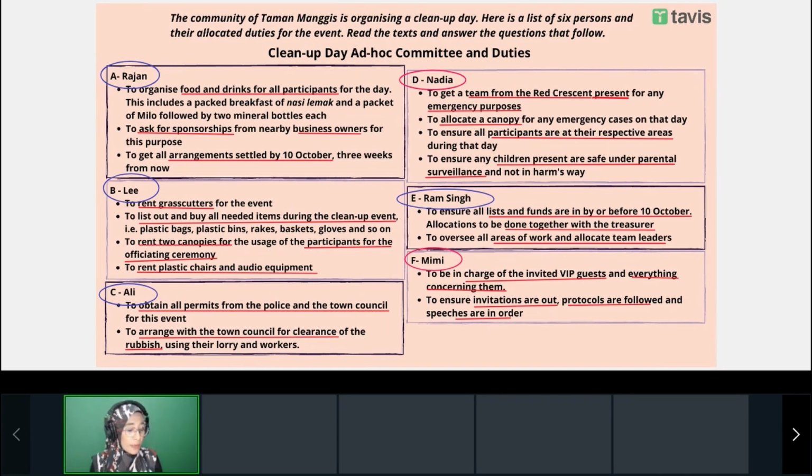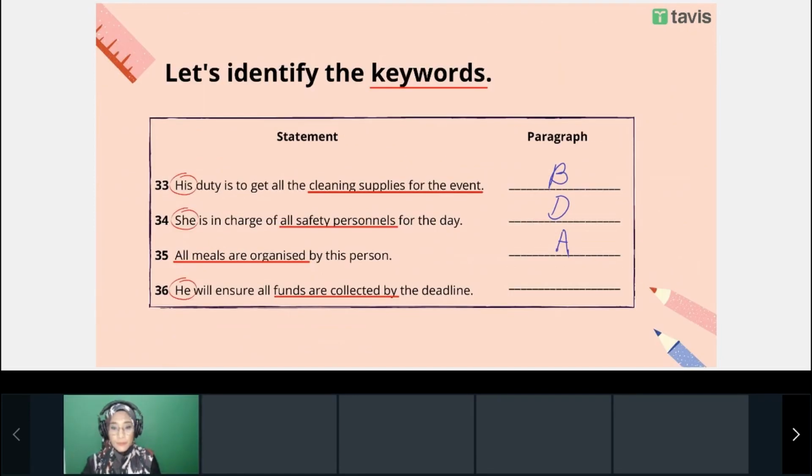We're now left with Ram Singh. So he is in charge of money by the deadline, because the deadline is before 10th October. So this is the deadline here. So now we know that Ram Singh is in charge. So Ram Singh is E. All right. So these are your answers. B, D, A, and E.